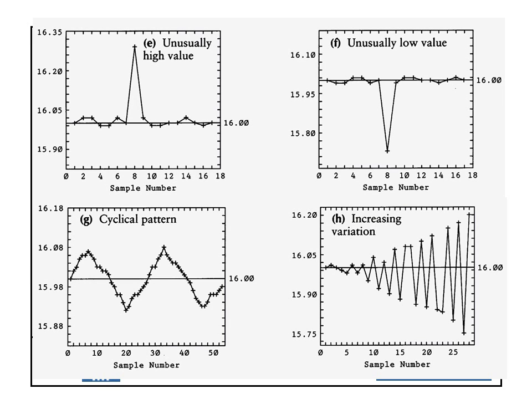Chart E, we have one sample mean that's much higher than all the rest of them. Part F, we have one sample mean that's much lower. G, we have a cyclical pattern where we have kind of an oscillating behavior. They start near the population mean, they increase, then decrease, increase, and decrease. H, we have what's called an increasing variation.